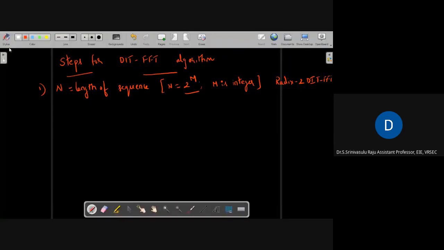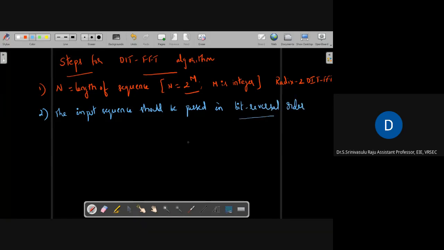And second step, the input sequence should be passed in bit reversal order. All of you know about the bit reversal order. This is the second point.